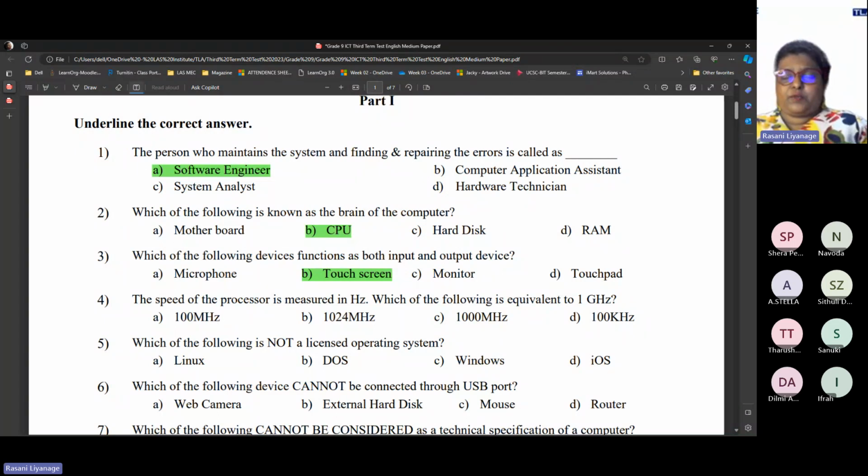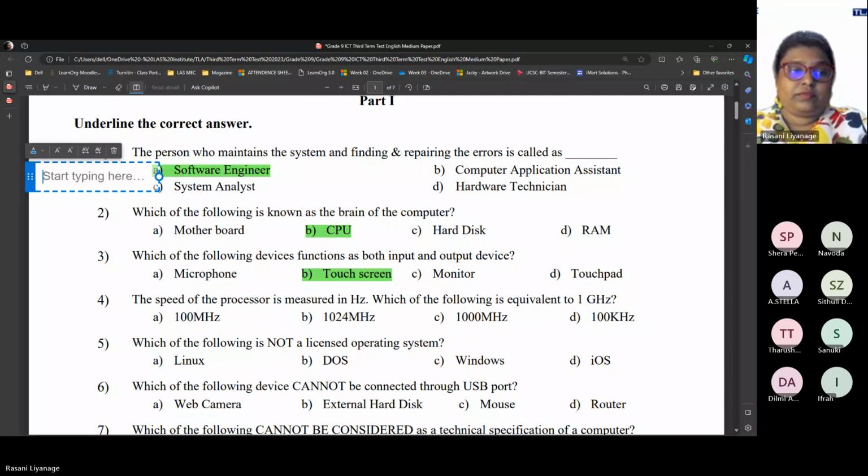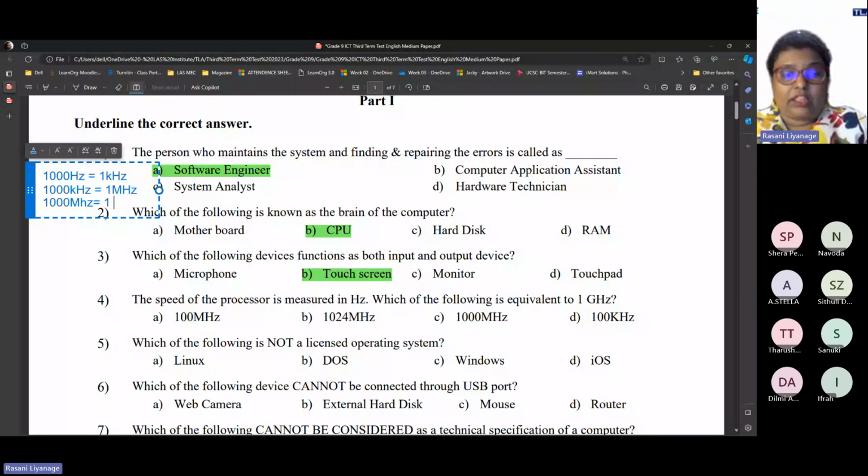I'm not too sure whether the textbook had those speed cases, but if I write it over here, 1000 hertz is equal to 1 kilohertz. 1000 kilohertz is equal to 1 megahertz. 1000 megahertz is equal to 1 gigahertz.